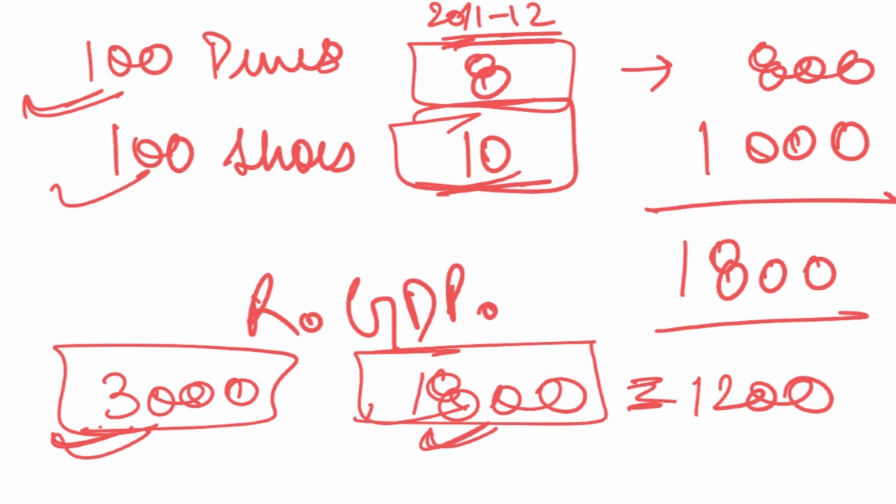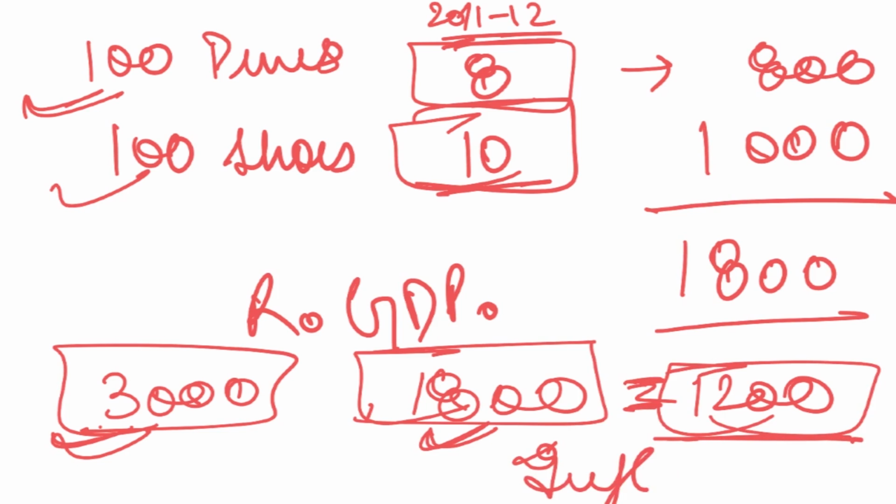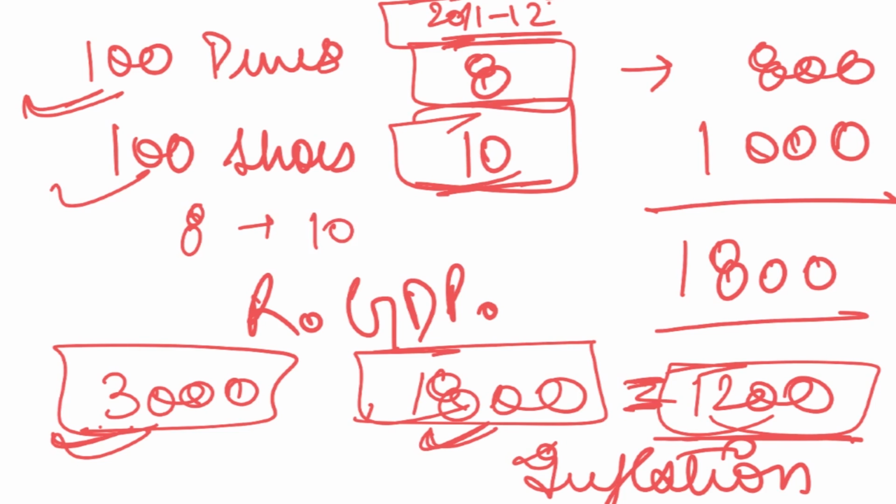So what does this 1200 signify? This 1200 is inflation. It shows that the price of a pen has increased from 8 rupees per pen in 2011-12 to 10 rupees per pen in 2021.